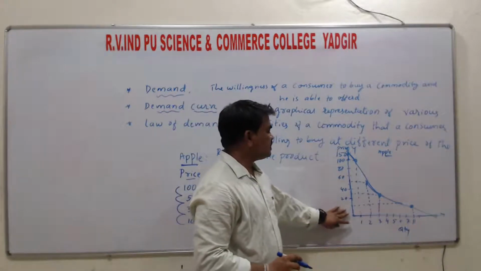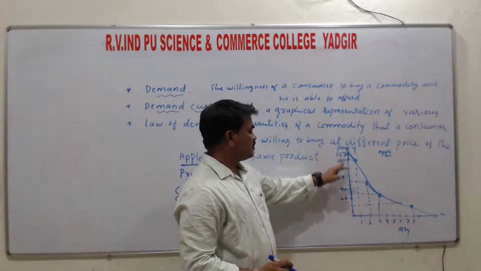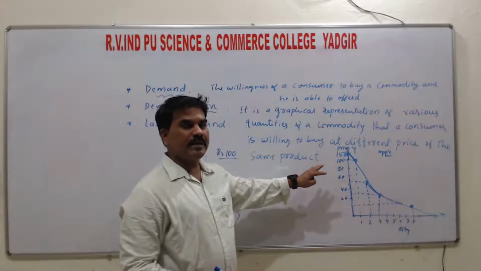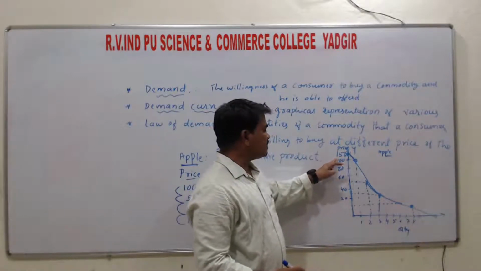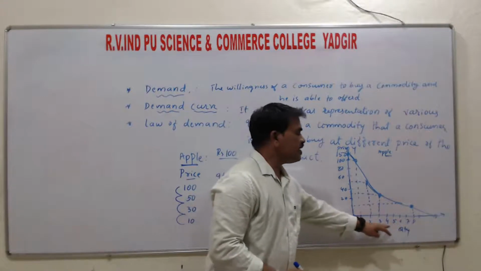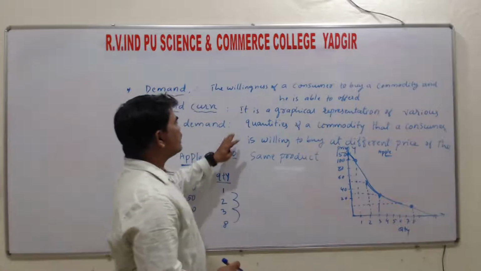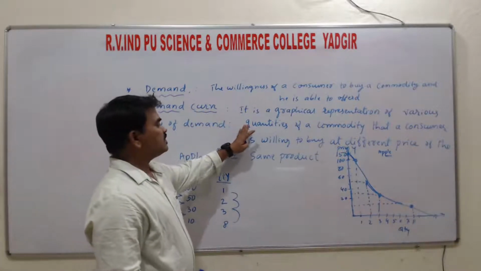So this is the demand curve. When there is a very high price, the demand for that particular product, or the willingness to buy it, is zero, and if the price reduces, then the demand increases. This is how the curve looks, and we can put the demand curve inverse in this way.